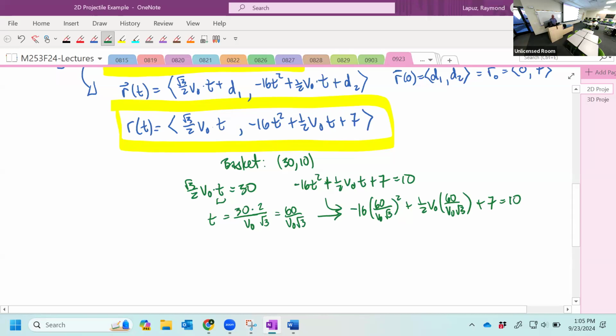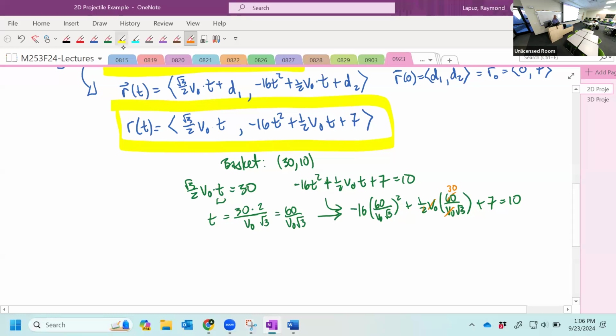I think there's some v naughts that cancel. Let's see, how many things can we cancel? We can cancel the v naughts. We can get rid of the 1/2 with the 60. Over here, we get 60 squared. This is going to be v naught squared. This is going to be root 3.